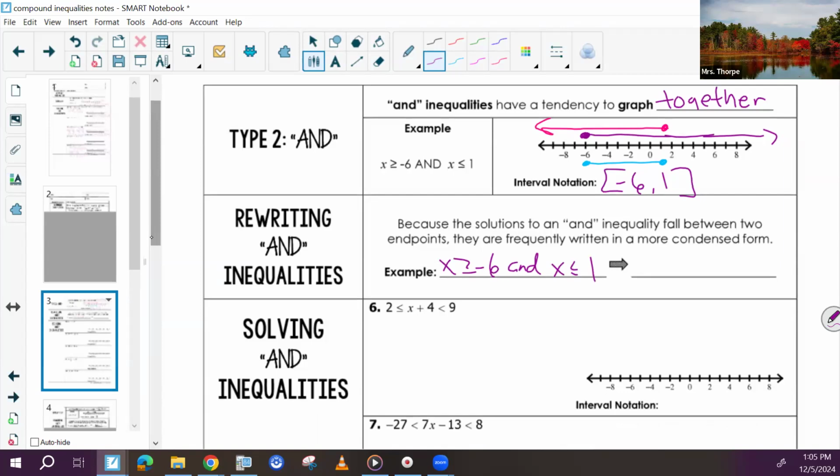Instead of writing both of them separately, I'm going to write it as a condensed format where I'm taking the lowest number, -6, and then whatever sign goes with it, but it will always be a less than or a less than or equal to, just because that's how the format goes. Then x, then the other sign, then the highest number. So instead of 2 inequalities, I have 1 condensed.